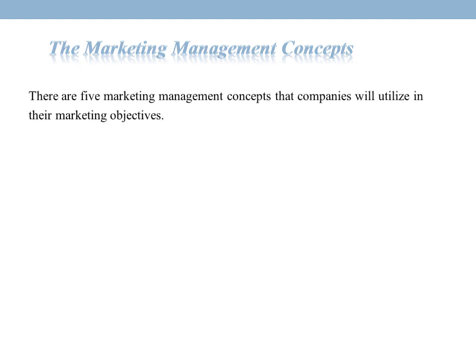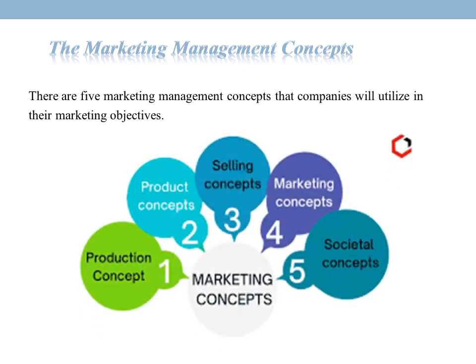The marketing management concepts. So there are 5 marketing management concepts that companies will utilize in their marketing objectives. The first marketing management concept is called production concept, which says that consumers will buy products that are widely available and low in cost.